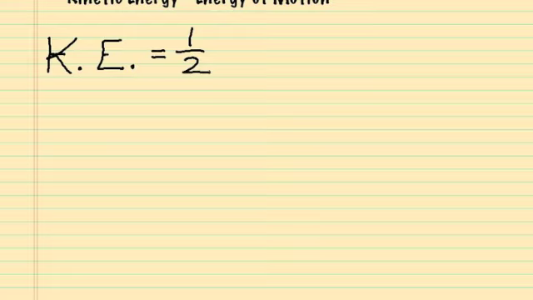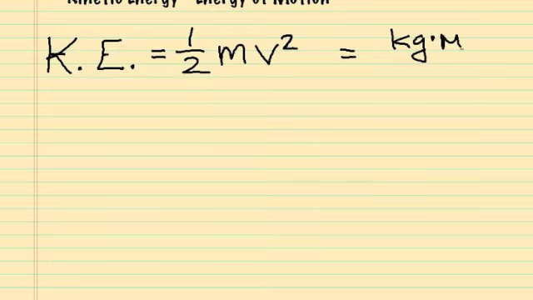1/2 the mass times the velocity, but we're going to square that velocity. And the unit is going to be a kilogram times a meter, but that's going to be squared, divided by a second squared.